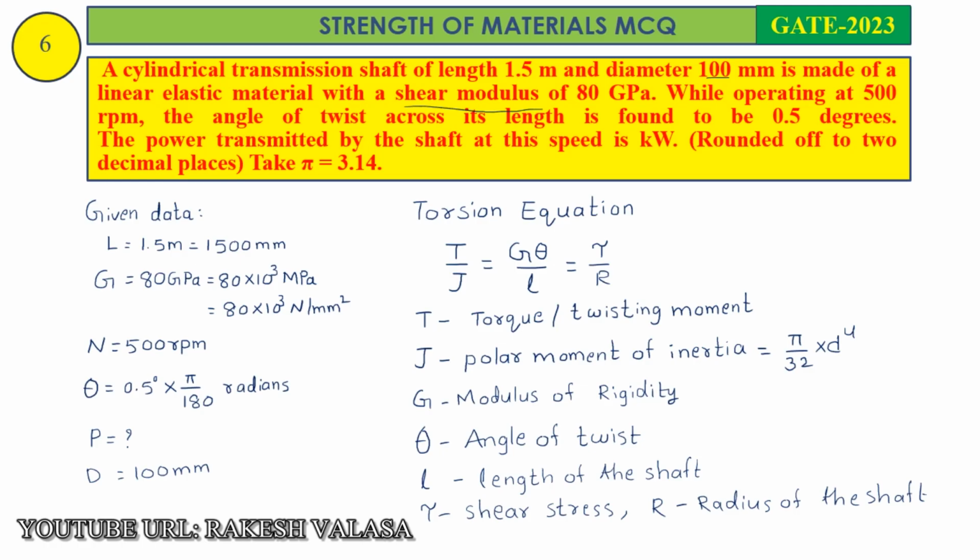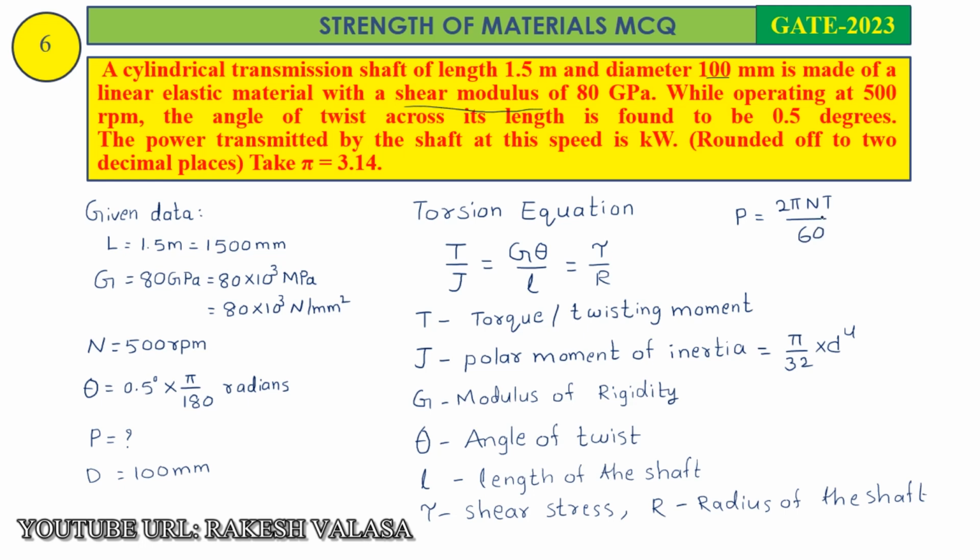From this equation, we need to find out. Actually, we know the formula for power, that is P equal to 2 pi NT by 60. Here, T is unknown.